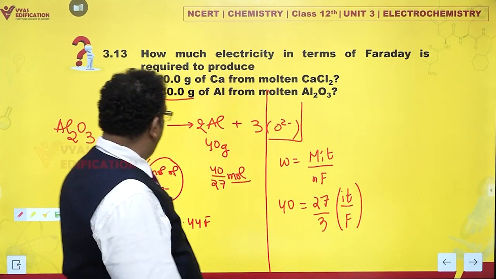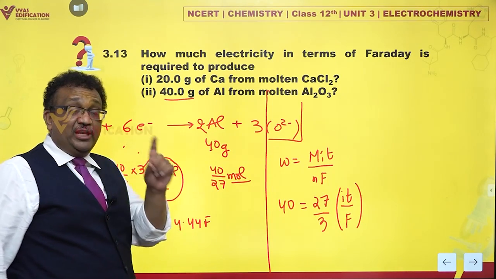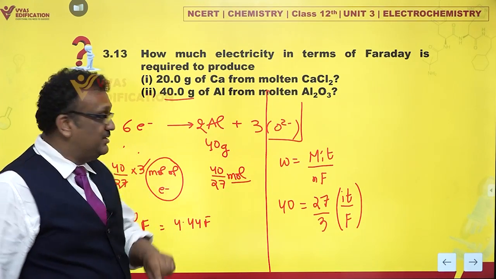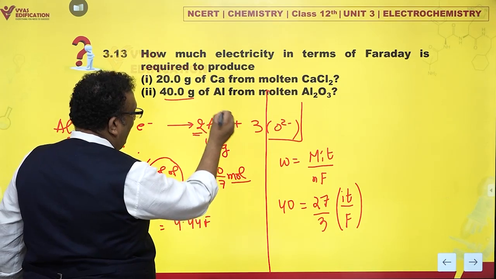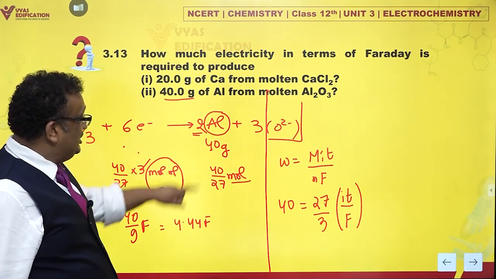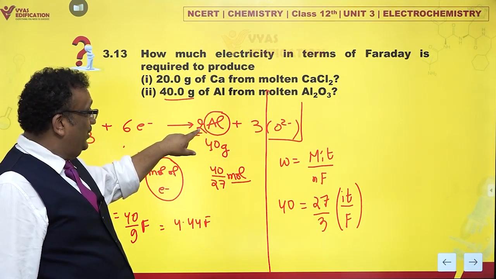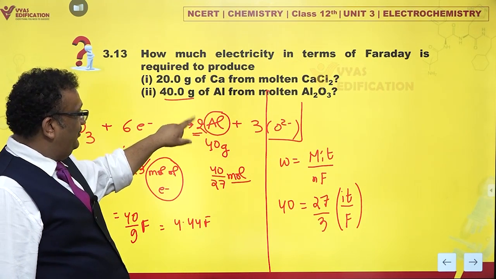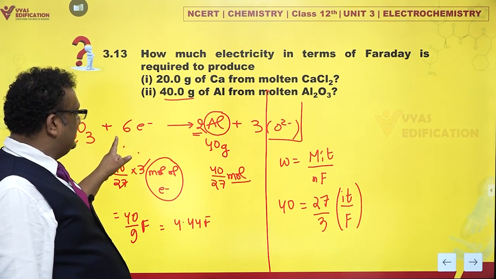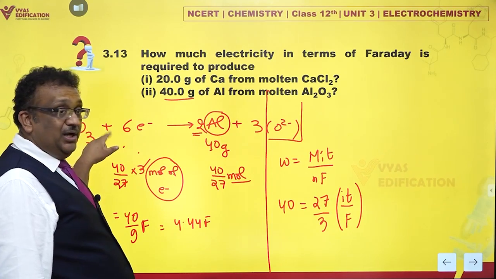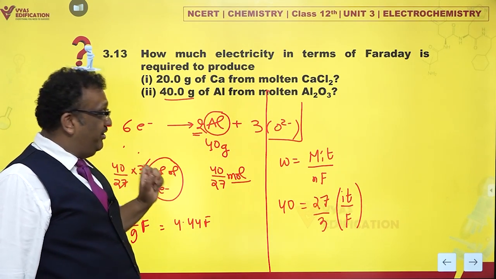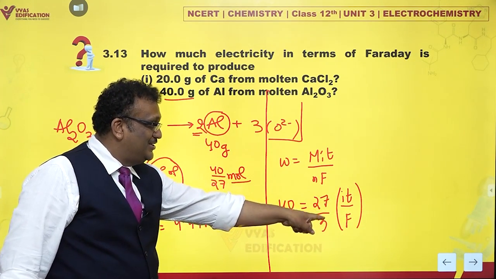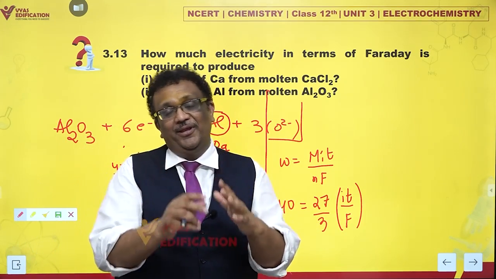Please remember, if you are calculating n, I'm giving you a very good tip. If you are calculating n for aluminium, then change the coefficient of aluminium to 1. With 2 it is 6; if it is 1, this would become 6 divided by 2, which is 3. And that is why we are taking the value of n as 3.